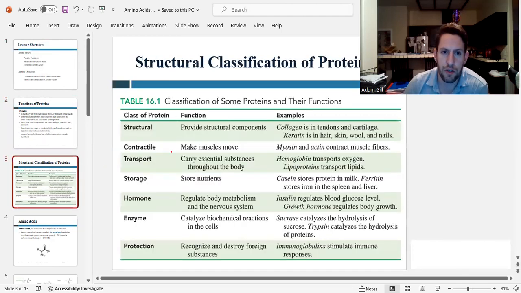And so this chart shows the different classes of proteins versus the functions that they do, and then some examples. So you can have structural proteins, which provide structural support to a body tissue. Some examples of those are collagen, which is in your skin and in your cartilage and your tendons.